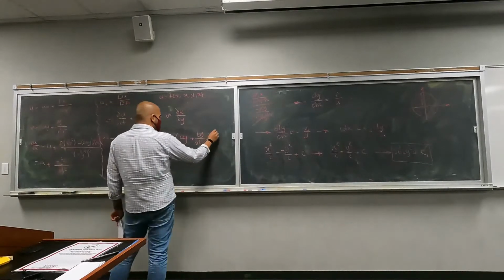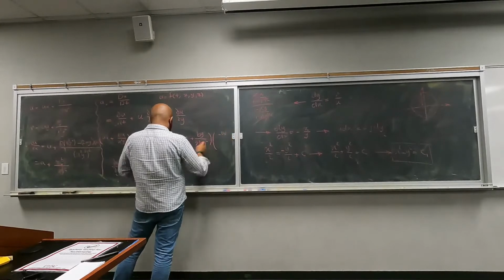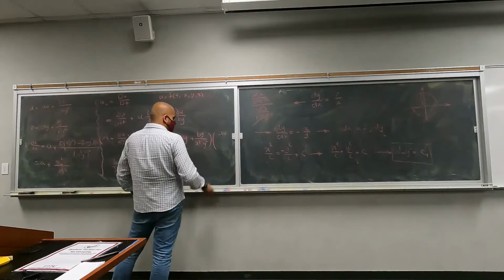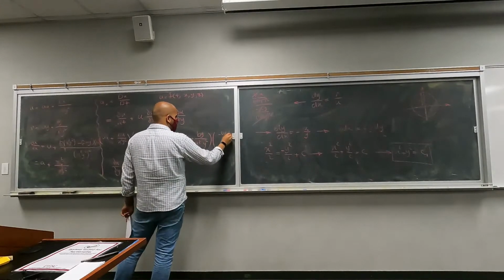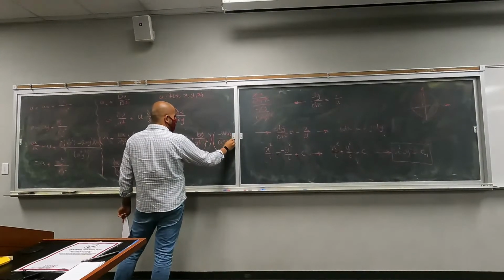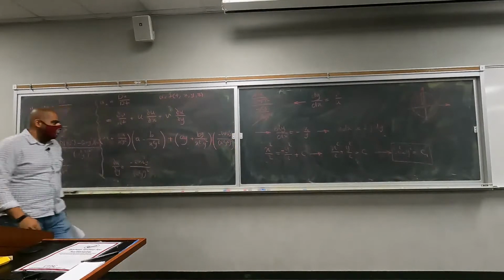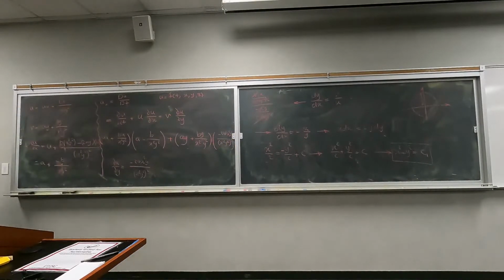So just put that in here: negative 2b x cubed y divided by x squared y squared, squared. That's it. It's a very long equation, mainly because we are only dealing with parameters, right? Yes.